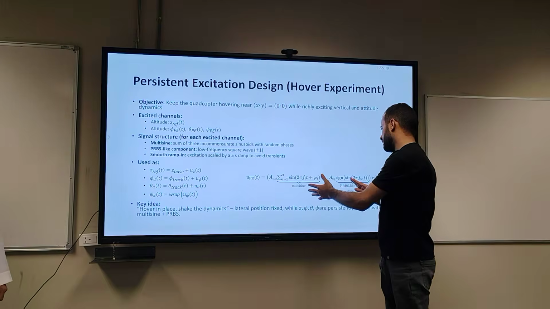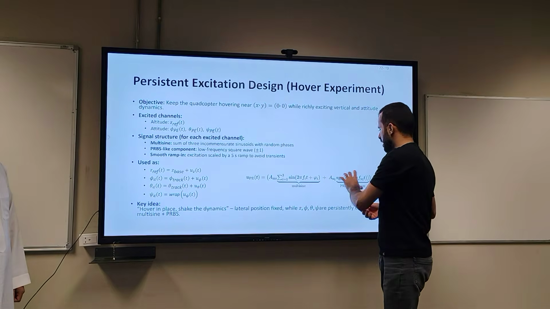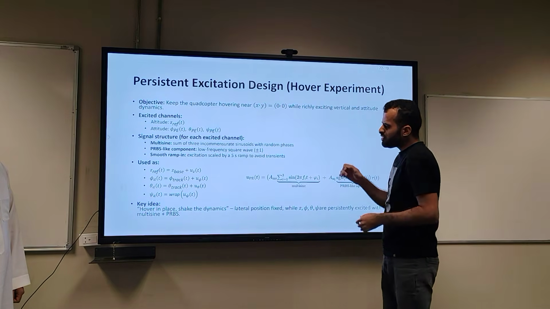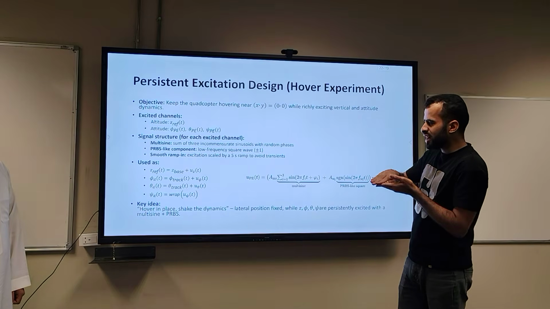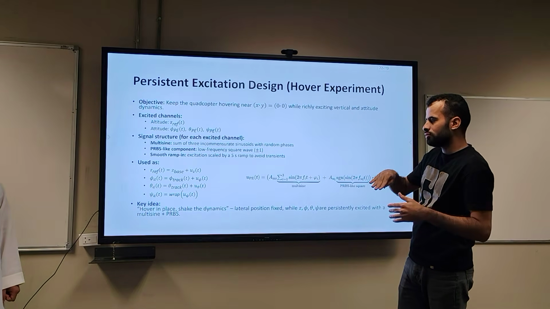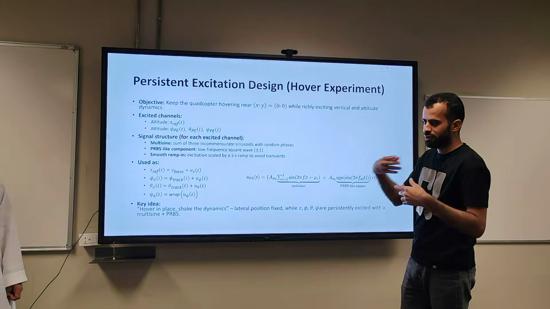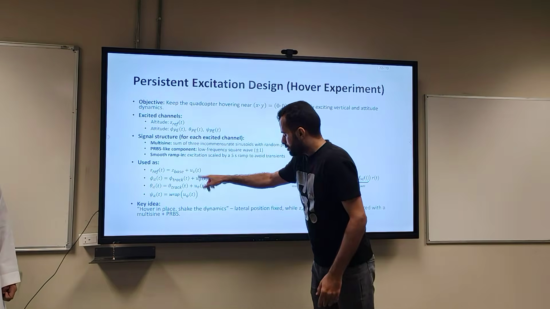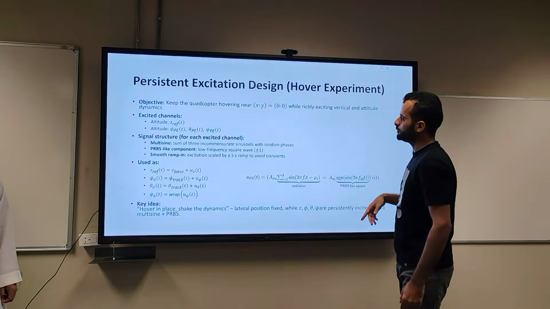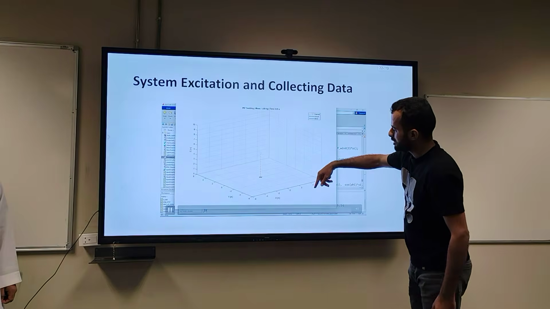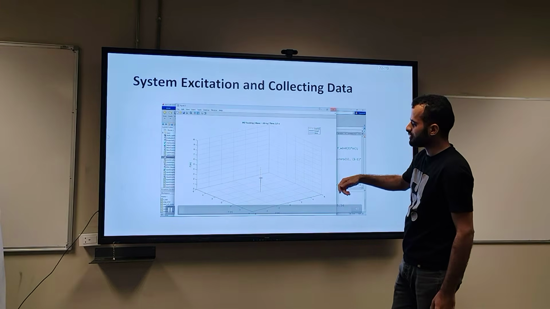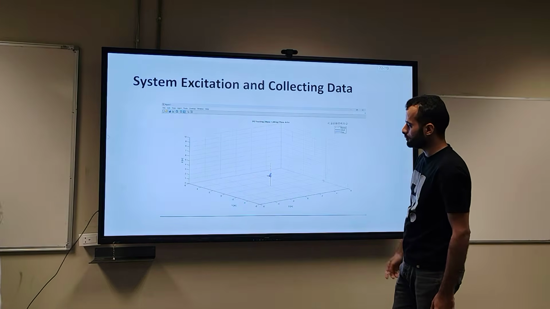It is a combination of sine wave and cosine wave with random frequency and amplitude, but with small variation to avoid the system diverging and falling down. Here is the simulation for exciting the system.